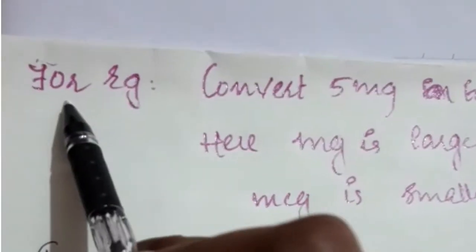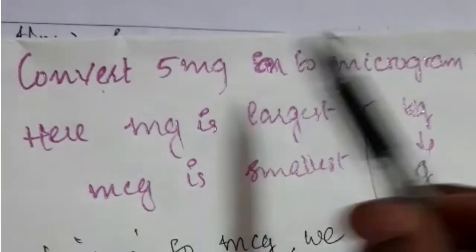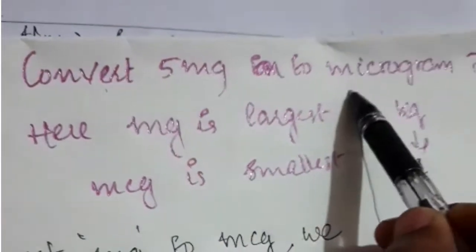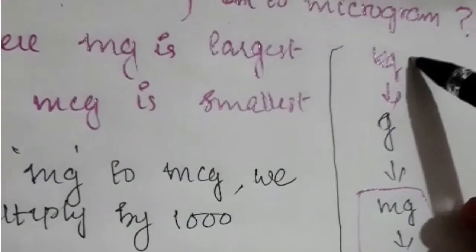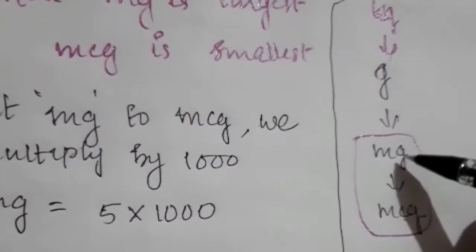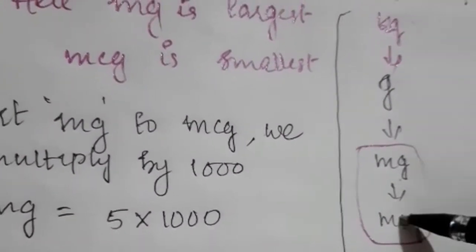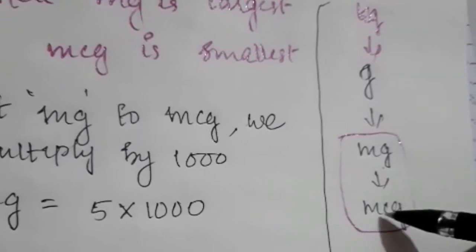Here we will see one example: we need to convert 5 mg to microgram, that is 5 milligram to microgram. Kilogram is the largest one, then gram, milligram, microgram. Here we need to convert from milligram to microgram, that is from largest to smallest.